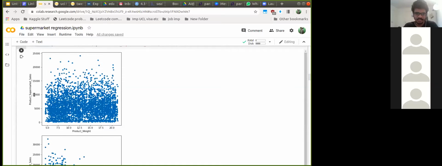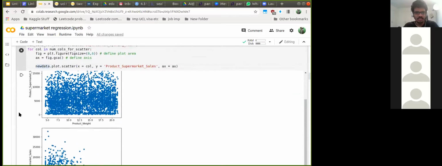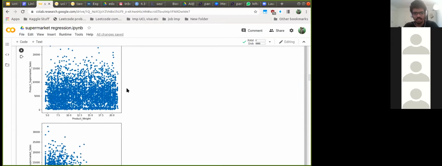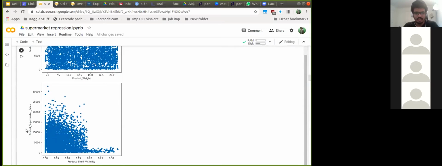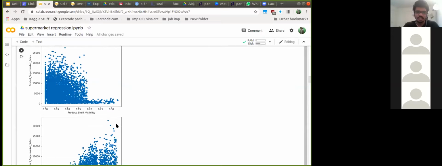So that's what I've done here. The first graph really is not that helpful. In the second one, we can see there are a few outliers here, so these values might be of interest.